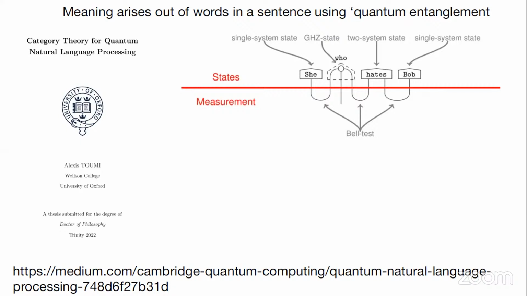And there are these things called Lambek grammars, which have been known for decades, that actually came out of category theory. There's a book on natural language models using category theory. So there's a lot of work that people have done in the NLP space using category theory.